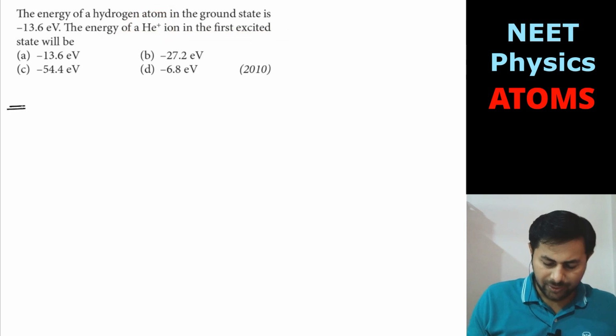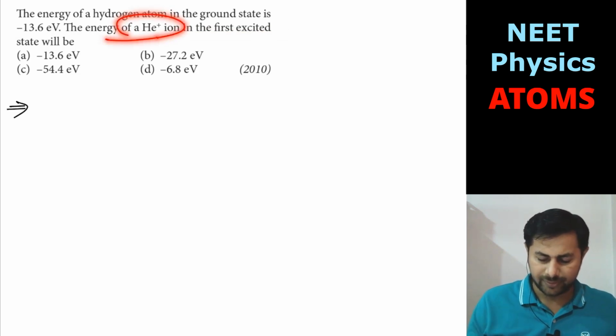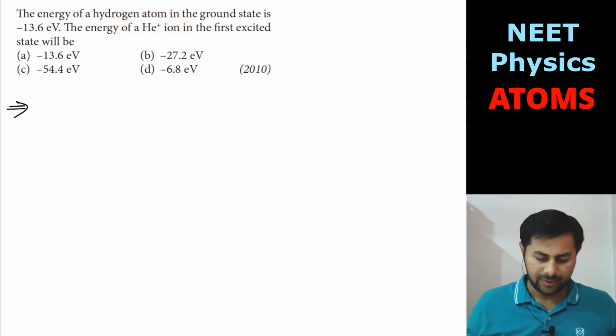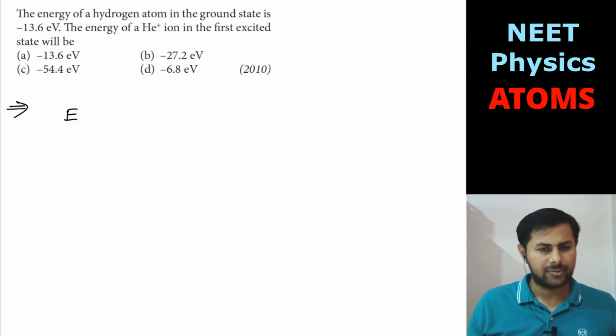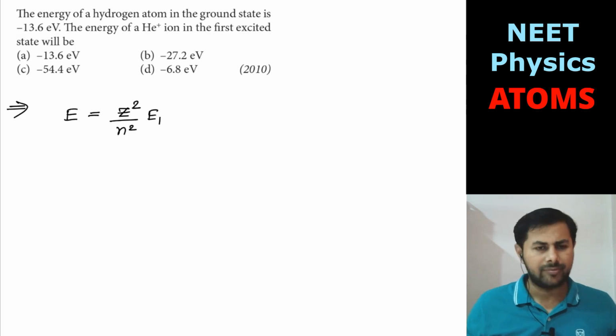So you want the energy of this ion in the first excited state. What's the formula for energy? Energy of a hydrogen-like atom is equal to Z square by n square times E1, the energy of the hydrogen atom, right?